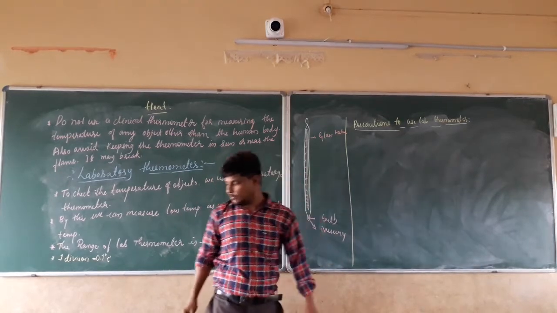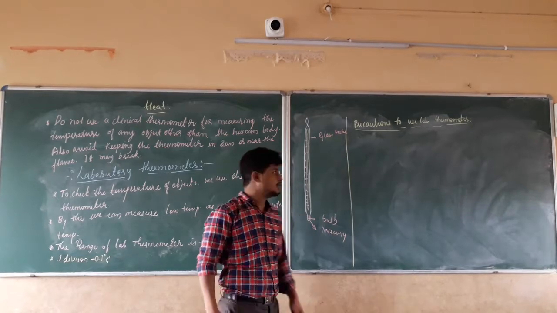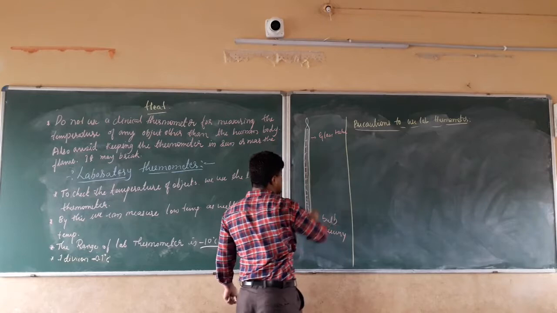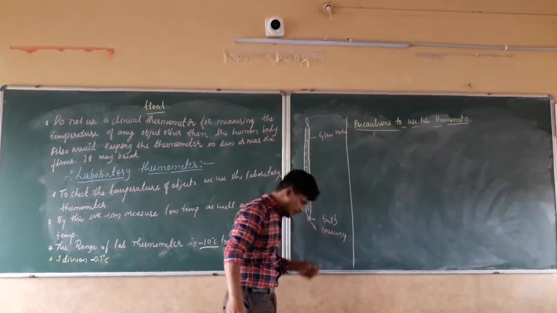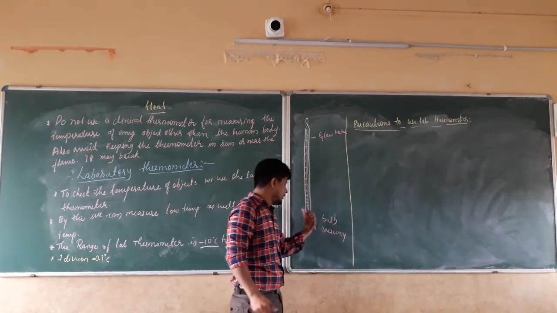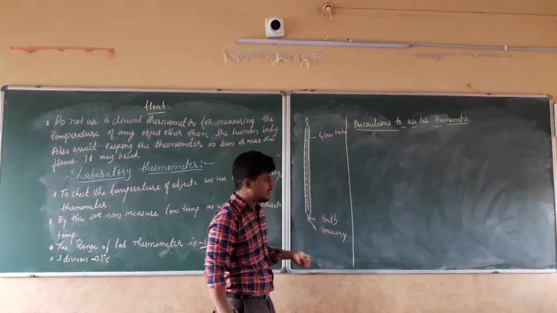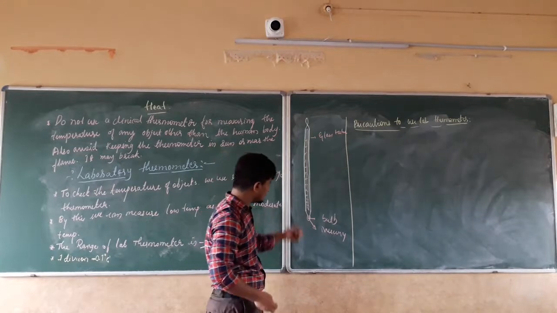This laboratory thermometer has a range from minus 10 degrees Celsius to 110 degrees Celsius. This whole thing is made up of a glass tube. Inside it there will be a scale to measure the temperature. Here will be the bulb. Inside the bulb there will be mercury, to check the level of the temperature.